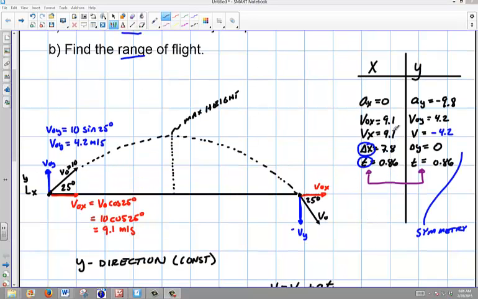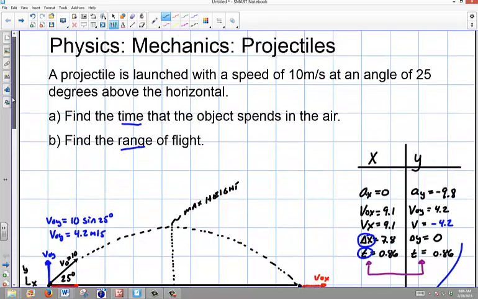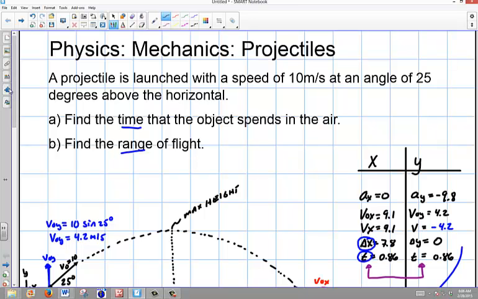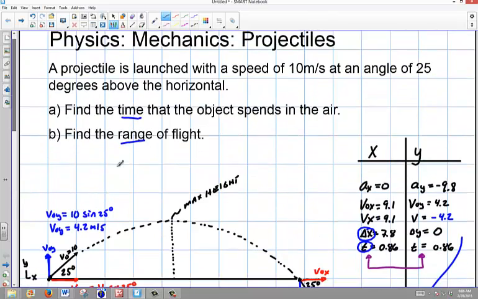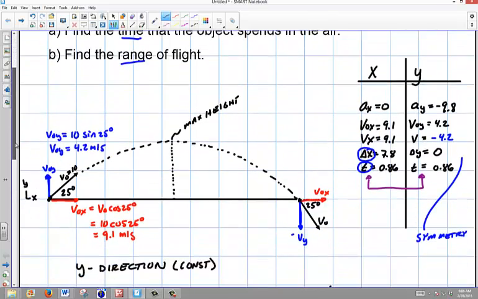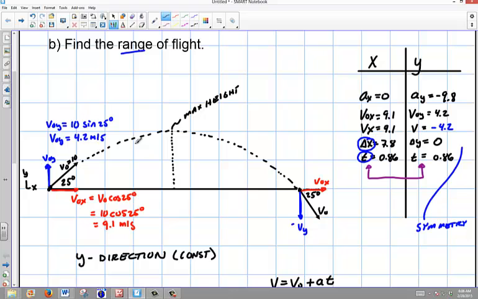So now when we go up here to our chart, we can just fill in the final values here for range and time. And we can clearly see that we have solved the question here with very little actual calculations using the equations. We actually just looked at the situation and we figured out what was going on in terms of the symmetry of the situation, because again, this started from here, it ended up at the same height, so the delta y was 0.